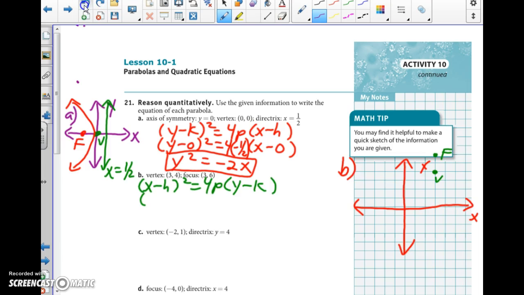Now here's H and K. H is what number? 3, and K is what number? 4, and P is what number? 2. 2 positive, 2 negative. 2 positive. Go slide those numbers in there, write down the answer. You got it. That's exactly how it works.